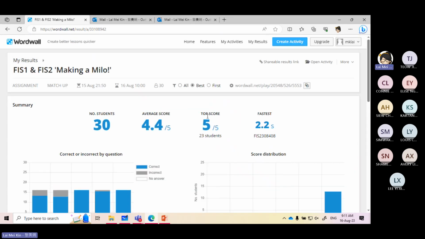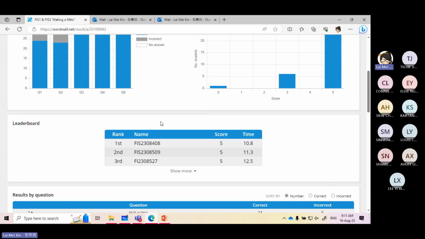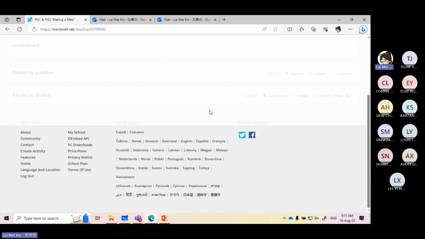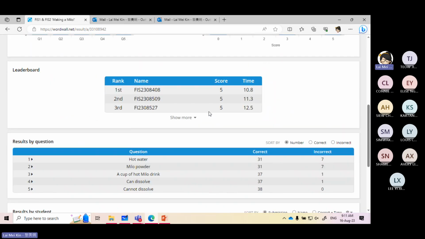Then we have the leaderboard. FIS2308408, who is 408? 509. 527. I couldn't wait any longer. 40 is enough.